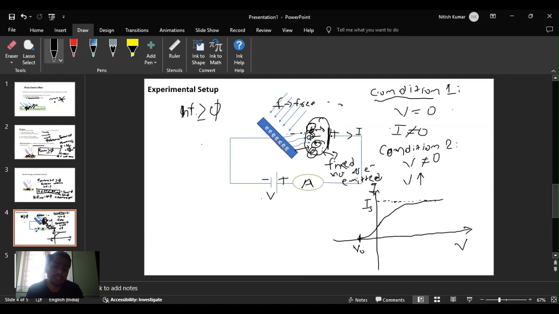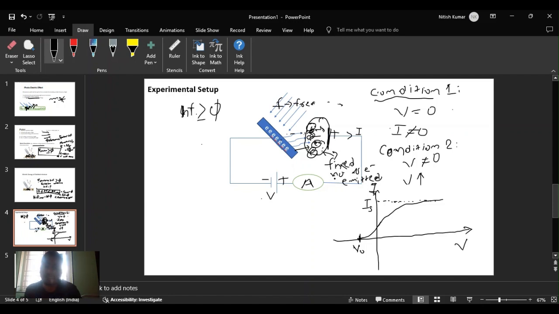That is the maximum current we can get. On increasing the potential, the maximum number of electrons that came out from the metal surface will participate in the current flow, and due to that, saturation of current will occur.